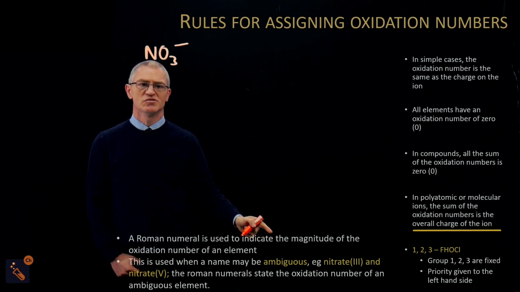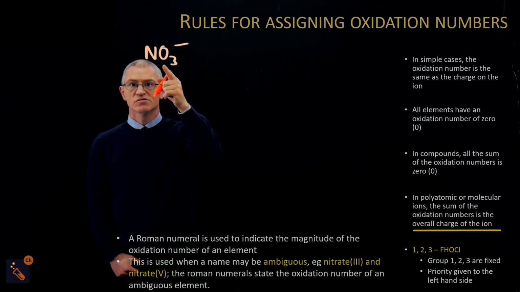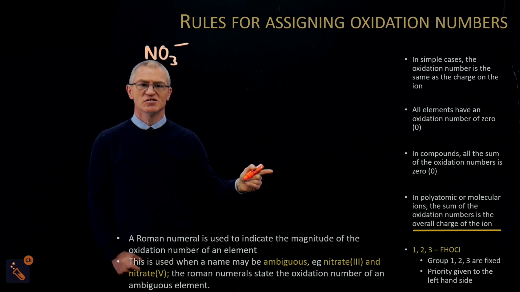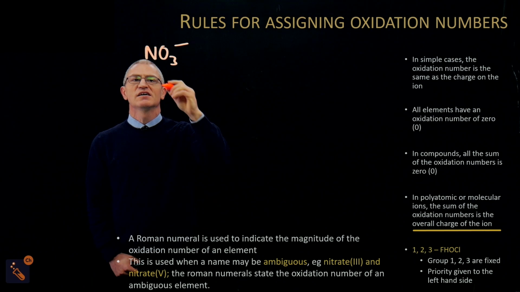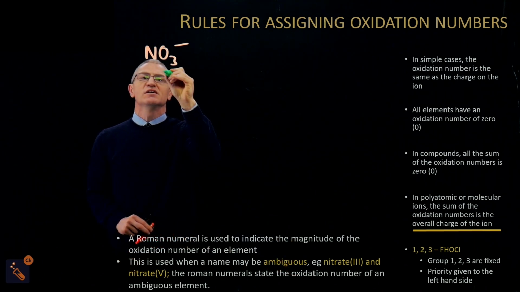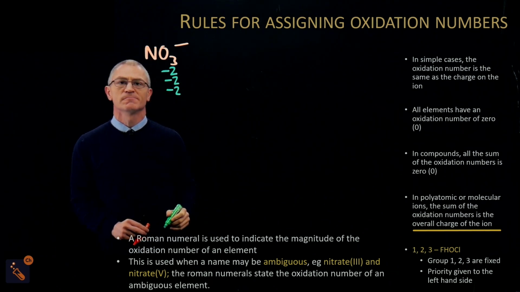So we use 1, 2, 3 for Hockel, and then O. The oxygen must have the same charge as its ion, okay? The ion of oxygen is 2 minus, so therefore this will be minus 2, and just to do the balancing here, it's 3 of those.